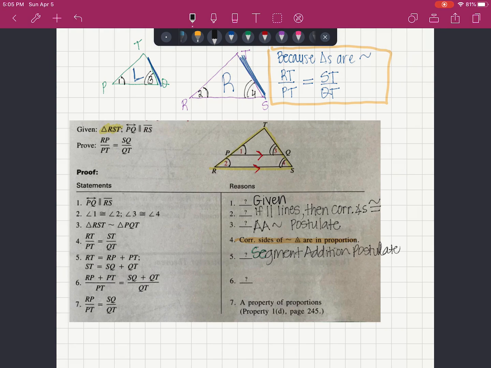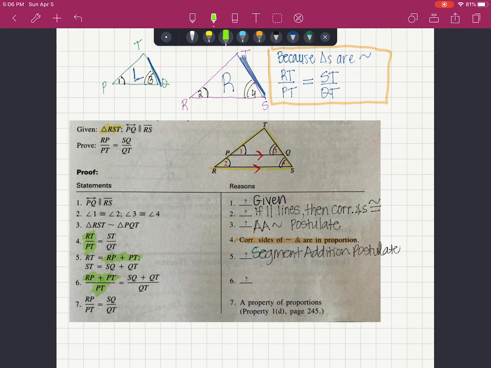Then we're going to break it up and we're going to say, RP plus PT over PT is equal to SQ plus QT over QT. What allows us to say that? RP plus PT, where did that come from? RP plus PT over PT. Isn't that the same as RT over PT? And in place of RT, we're putting RP plus PT.